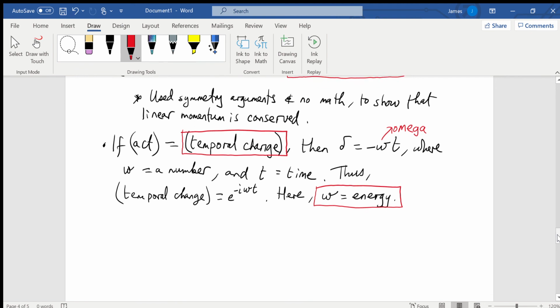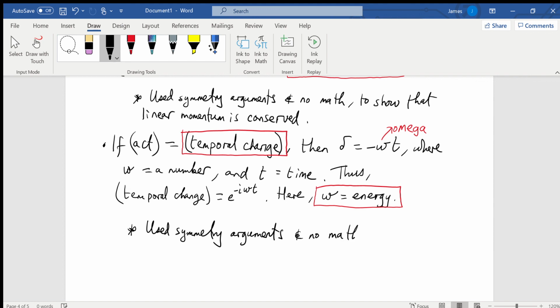So to conclude this page, the final page of the video, we have just used symmetry arguments and almost no math to show that energy is conserved.